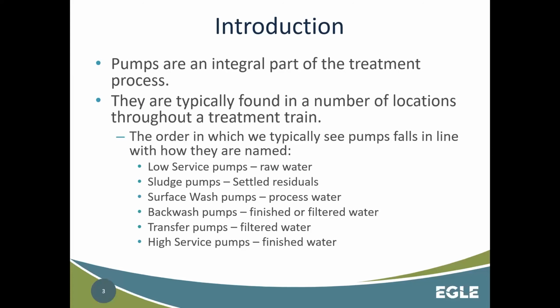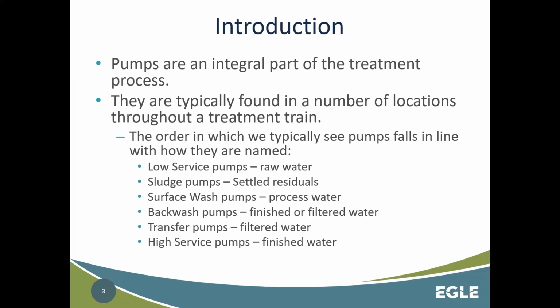We know that pumps are an integral part of the process at the treatment plant, found in a number of locations throughout the treatment train. Typically, we start from a surface water plant with the low service pumps, right?